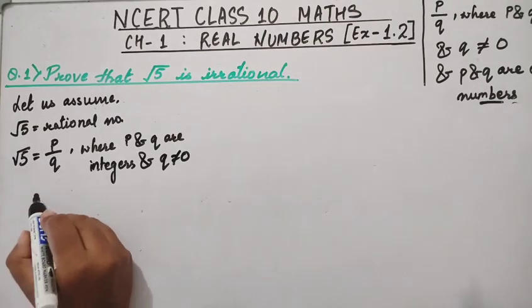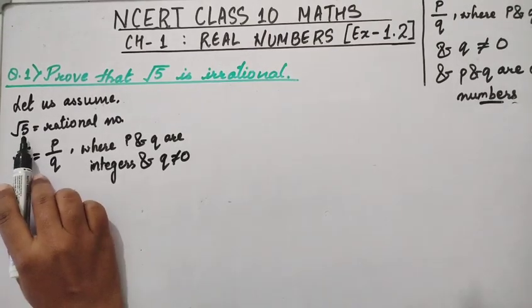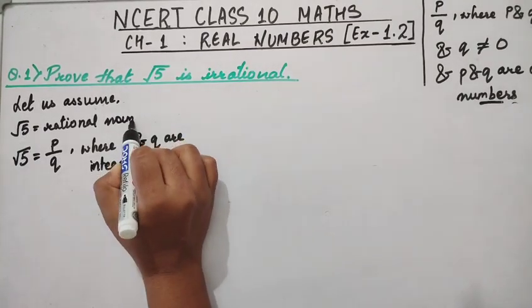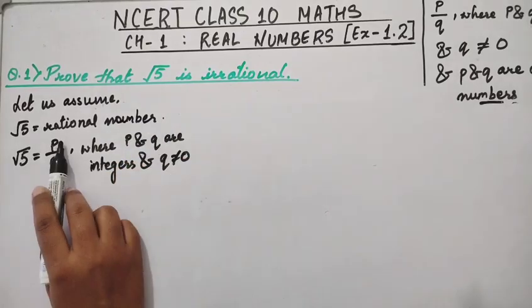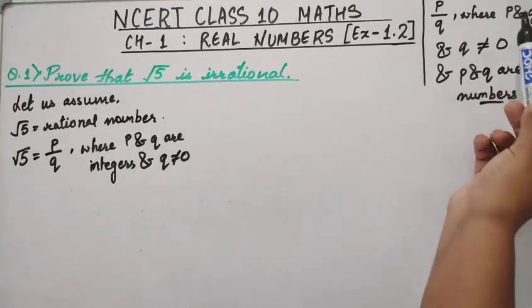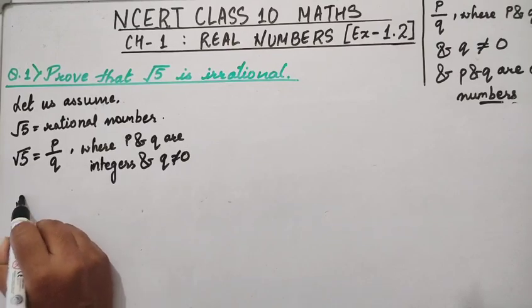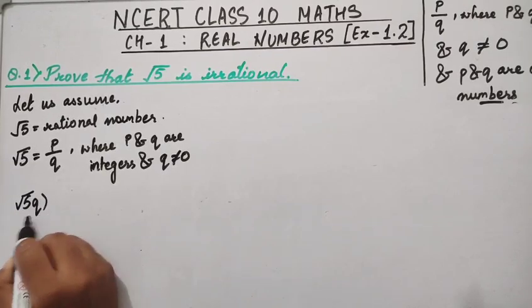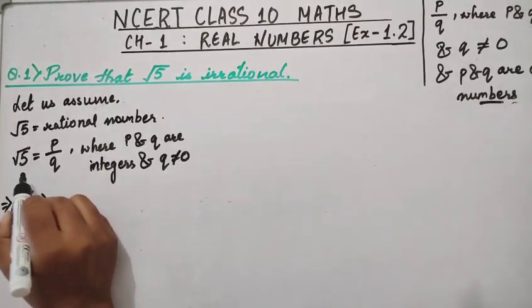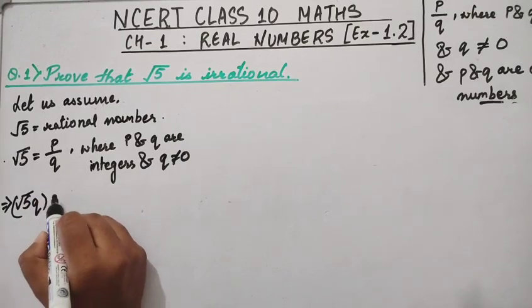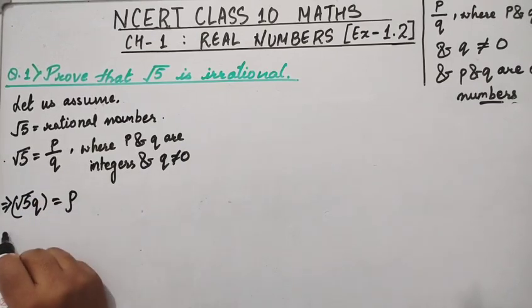Next step: since we have assumed that root 5 is a rational number, we can write it in the form p by q, and I have already explained what p by q means. Now simple cross multiplication gives root 5 q equals p.